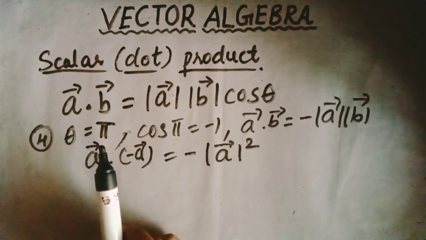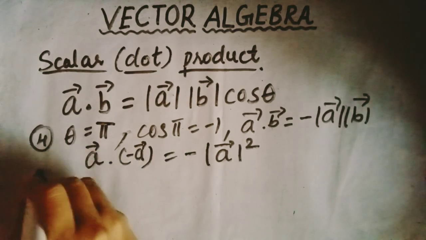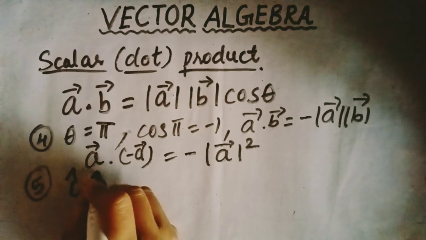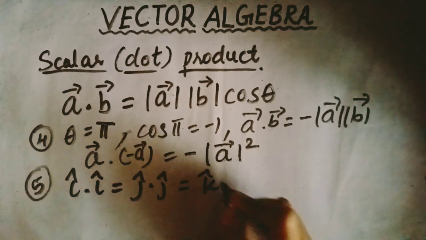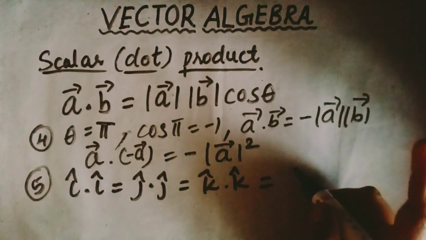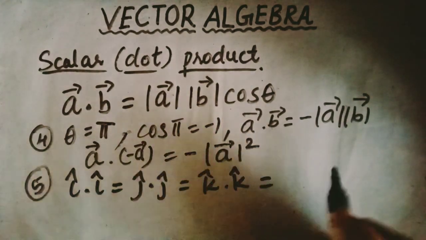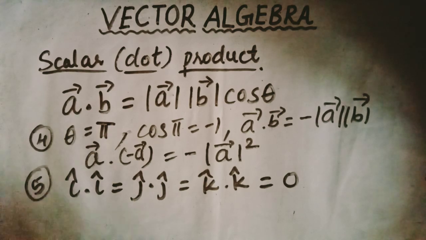Now if you apply this to i, j, k vectors, that is unit vectors: i dot i, j dot j, and k dot k, the angle between the vectors is 0 degrees, so cos theta is 1, and this will be 1.